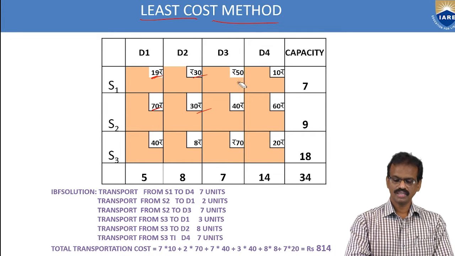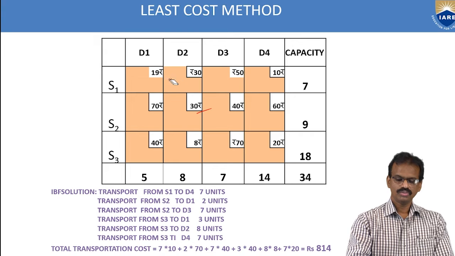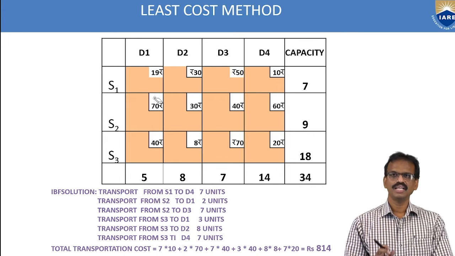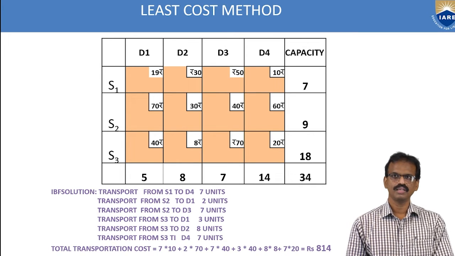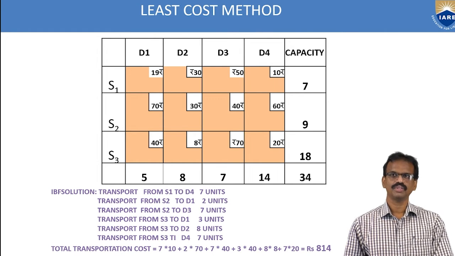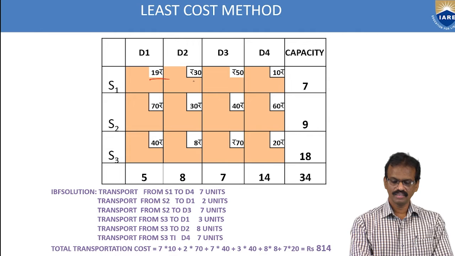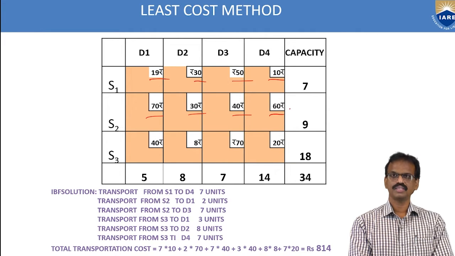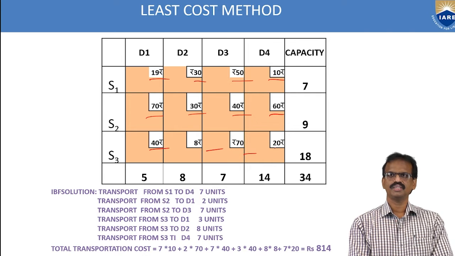Least cost method means you have to identify the least cost cell and then allocate to it. Here 19, 30, 50, 10, 70, 30, 40 and 60, then 8, 7 and 20. Among all these costs, 8 is the least cost.